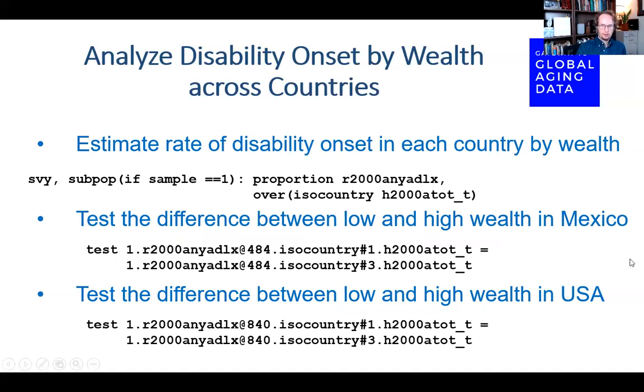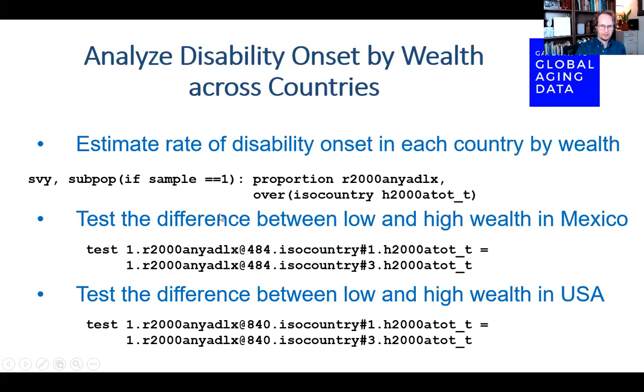Again, our commands are going to look remarkably similar. And our over command option here, instead of over ISO country RA gender, we're going to have over RSO country R2000 ATOT underscore T. That's our wealth tertile. So we'll have low, middle, and high.